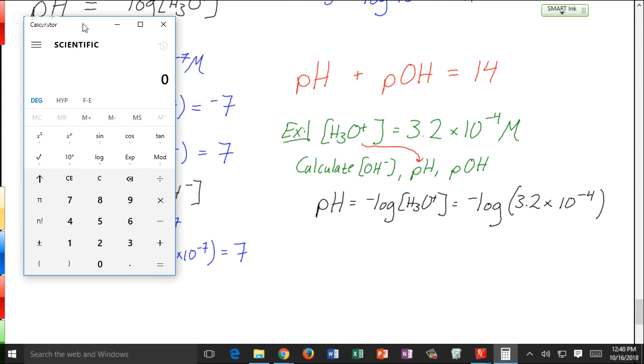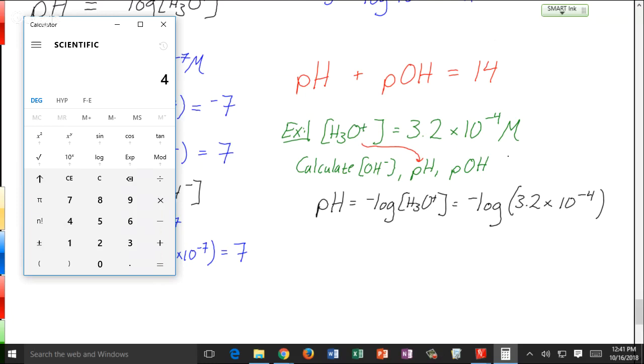On these types of calculators, you can't just type it in from left to right the way you would on a graphing calculator. So you can't just type in negative log parentheses and then the scientific notation. You actually have to work from the inside out because each thing is an operation on that previous thing. So let me show you what that looks like. I actually start here, not with the 1. I start at the exponent, that minus 4.